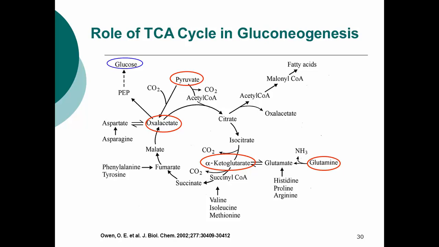And then oxaloacetate, once it's made, can be used for gluconeogenesis and leave the TCA cycle. So this process is the cataplerotic process, right? So gluconeogenesis from glutamate involves both cataplerotic and anaplerotic processes, right? Does that make sense?